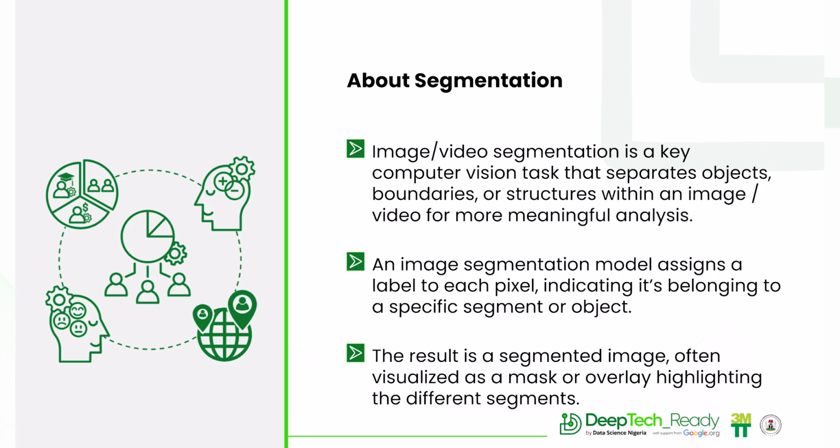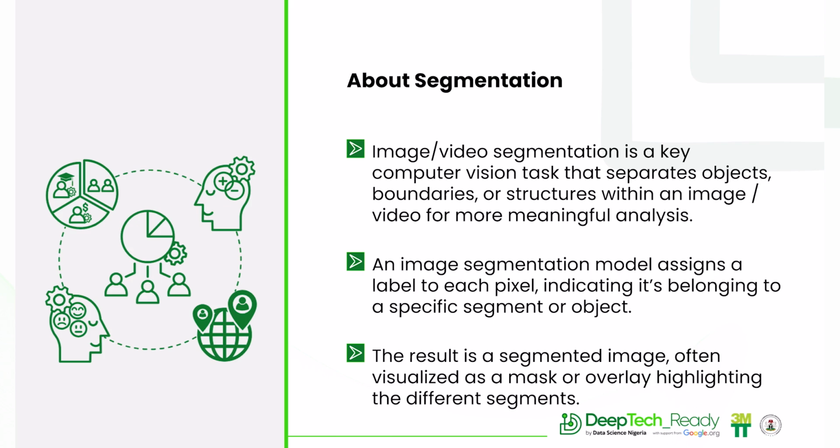Now, an image segmentation model assigns a label to each pixel, thereby indicating that it belongs to a specific segment or object. When we look at an image, for instance a grayscale image, which is a two-dimensional array, given a particular row and a particular column, that's a pixel.